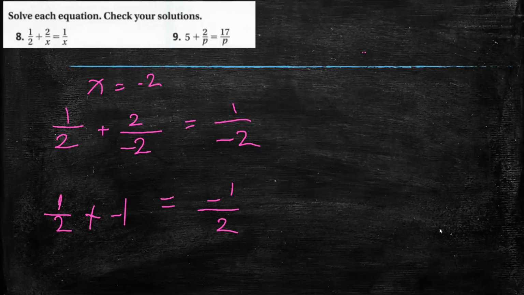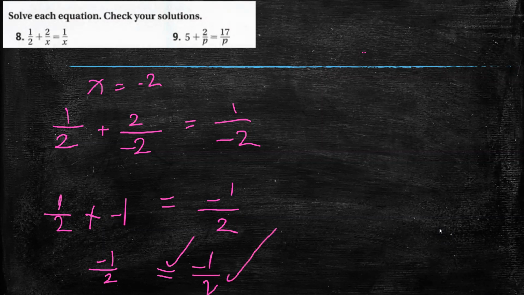Yes, because half minus 1 is -half, which is equal to -half. So yes. As I told you, the 3 steps: least common denominator, multiply, solve.